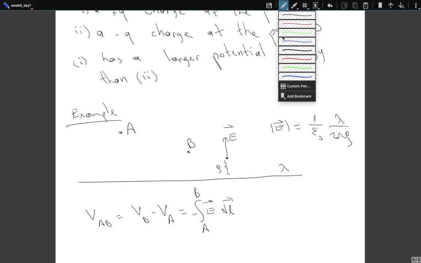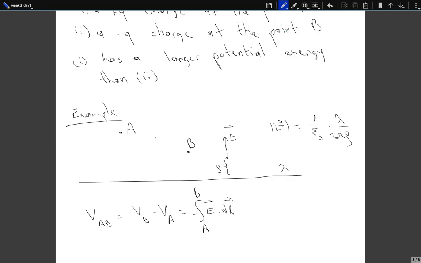So I will choose a path that first goes horizontally, and then straight towards the wire. The reason I choose this path is that as I go from A to B, the electric field is pointing away from the wire, whereas dl is horizontal, so the scalar product E dot dl is just 0. So the only contribution will be along the second part of the path.